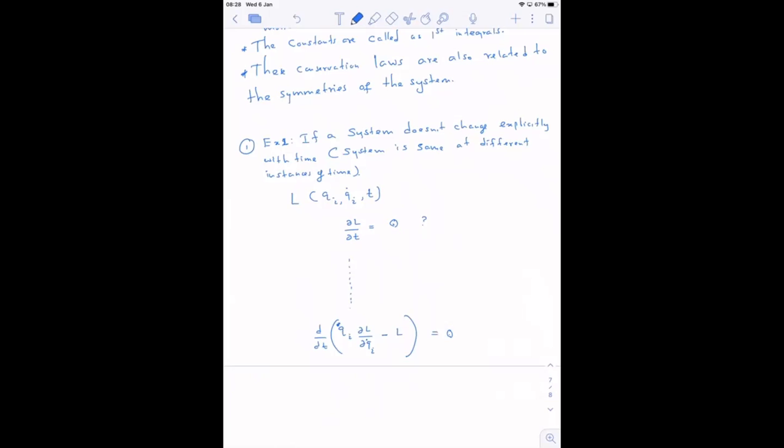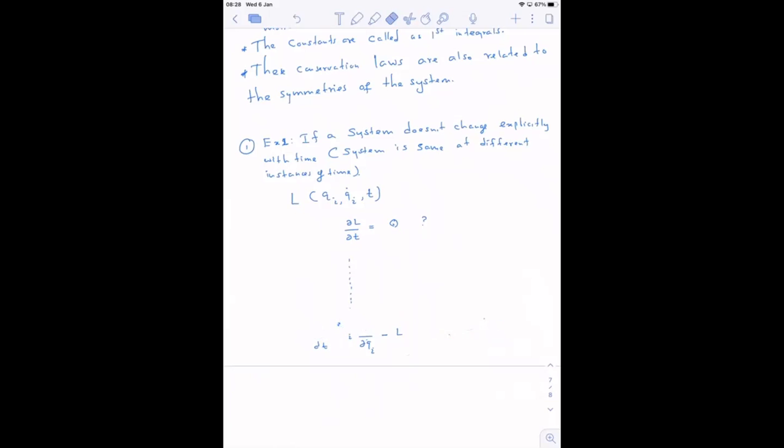So starting from there, what you have for partial L over partial t, and considering the Lagrangian L of q_i, q_i dot, t, try to complete this and find this answer: d over dt times this one is equal to 0. Okay, so let me write it in this way.